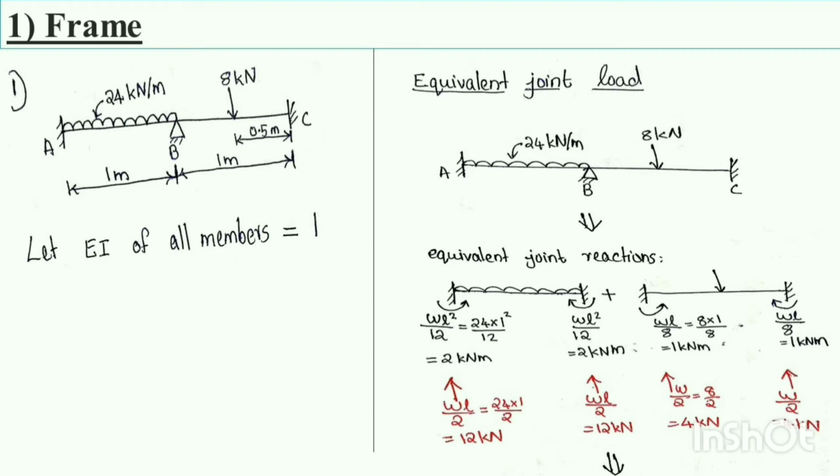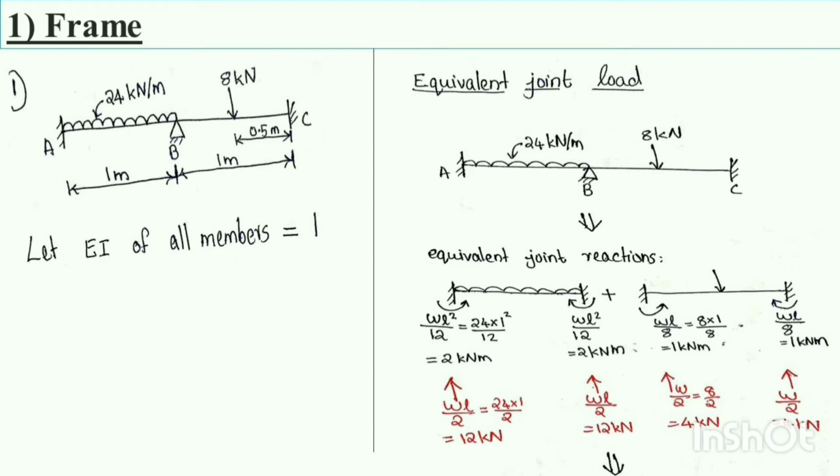Okay, when a UDL is acting on a fixed beam, the fixed end moments will be WL square by 12. Okay, this will be acting anti-clockwise in left support and clockwise in right support. And the fixed end reactions will be WL by 2.